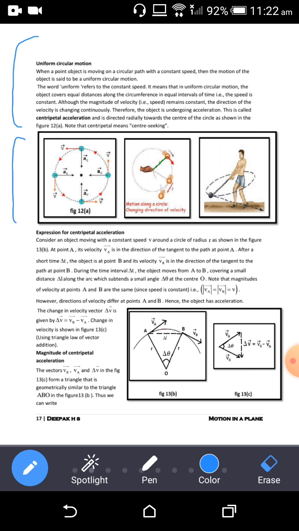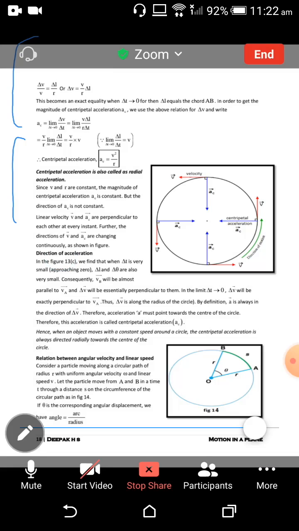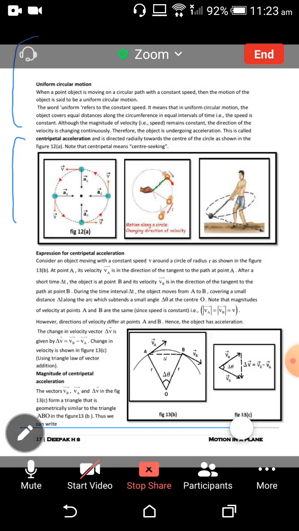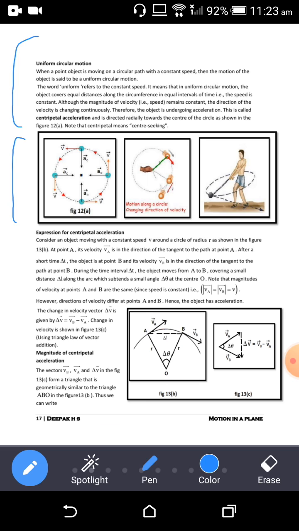So comparing this, we will write delta v by v is equal to delta L by R. See in the figure here, delta v is the value of delta v here. We have taken any one of the values, either delta va or delta vb.